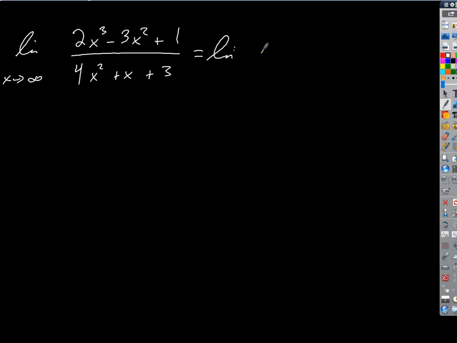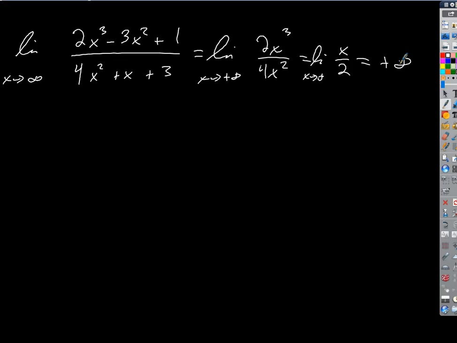So the limit of 2x cubed over 4x squared. And what's that reduced to? x over 2? Well, what's that in the limit? It's the limit of x over 2 as x approaches infinity. Infinity. So that's a no limit kind, isn't it?